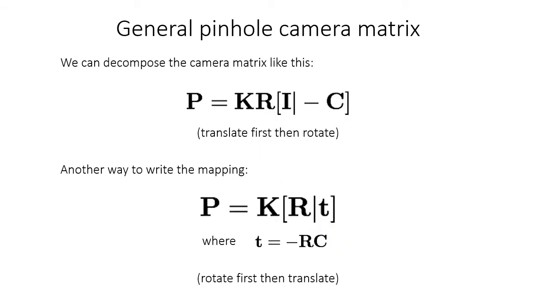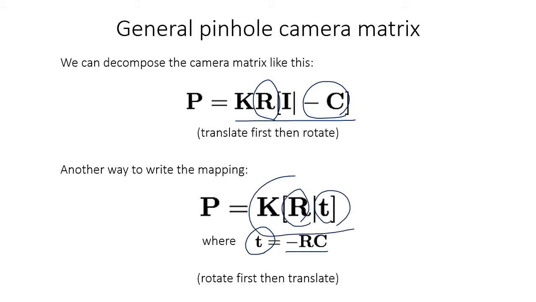We can decompose the camera matrix like this. So this is translate first and then rotate. Or we have another way to write the mapping. So when we let this t equal to minus Rc, then rotate first and then translate.